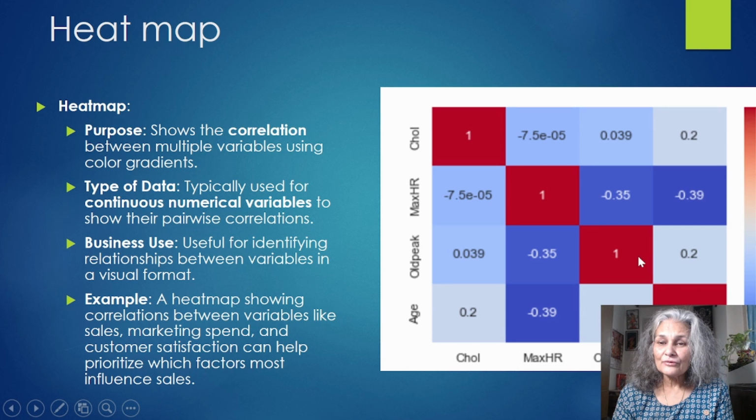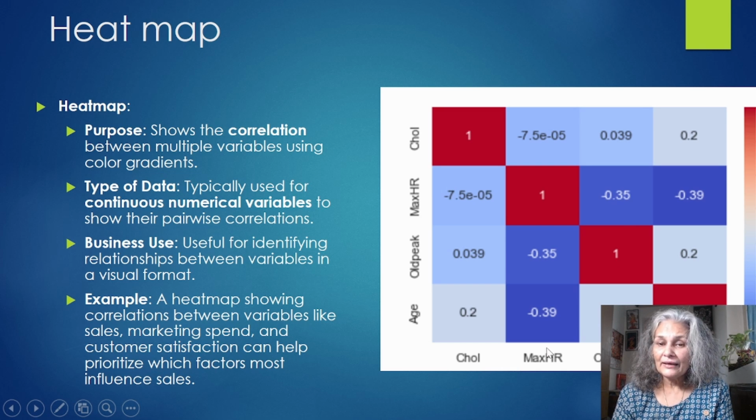The diagonals are not important because obviously a variable will be correlated with itself. However, off diagonal, what is important is to check the numbers which are looking a little large, because this gives you a preliminary idea that, for example, max heart rate is varying with old peak in a negative way.